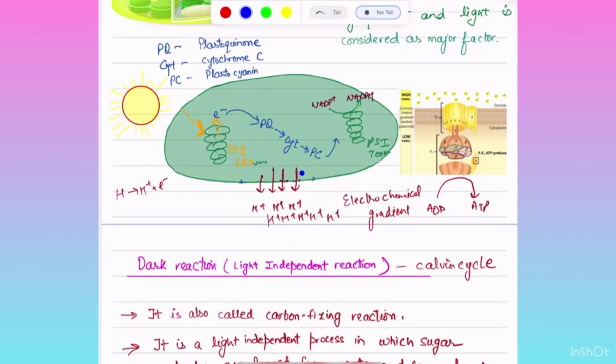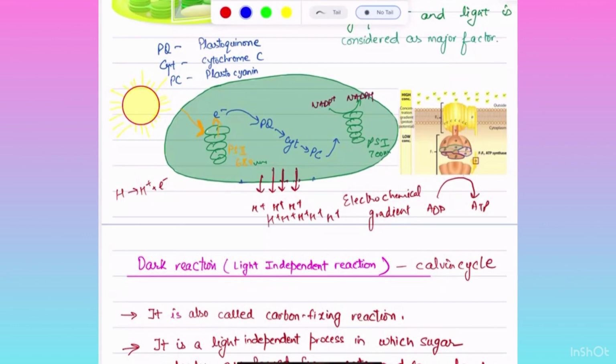Now, because of this, these protons take help from the ATP synthase complex. This enzyme helps the H plus enter back inside through the chemiosmosis process, because obviously we have a high concentration of H plus outside the membrane, so it will try to get back in. It will try to reach equilibrium with the inside H plus concentration.